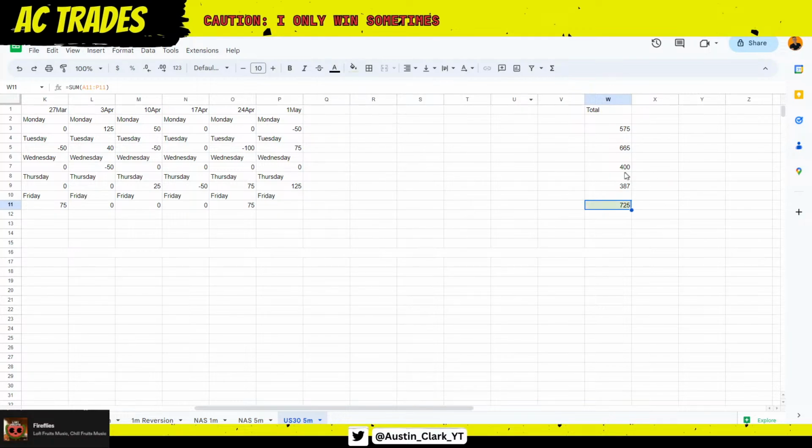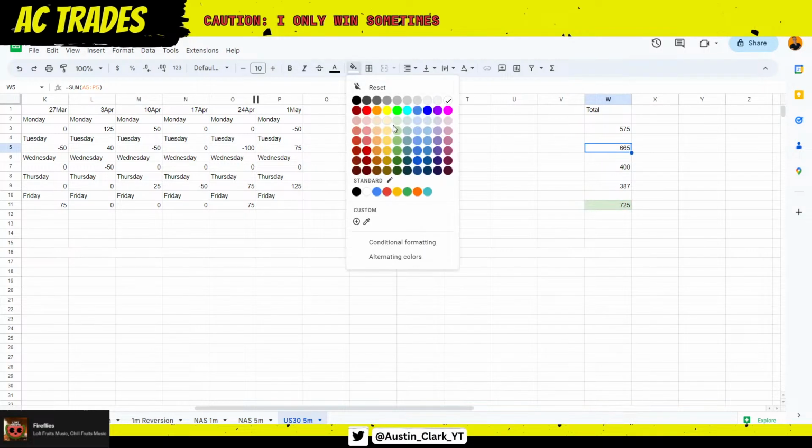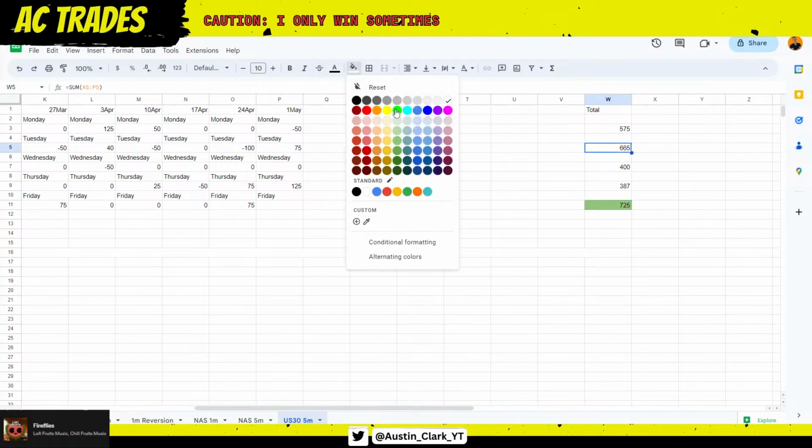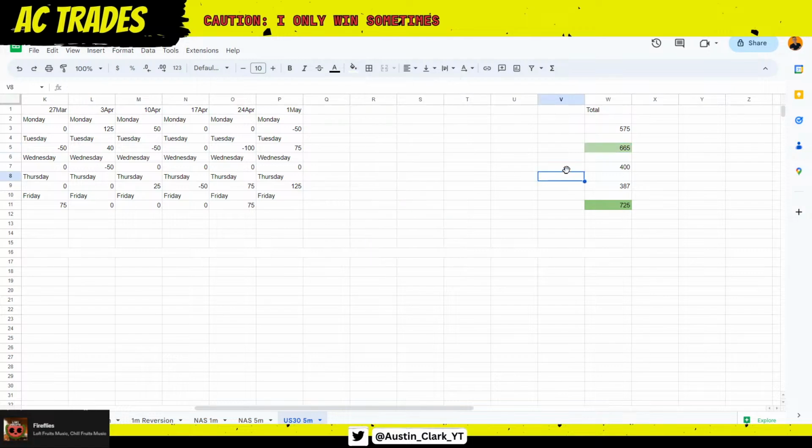So on Friday, this was the highest day. Tuesday coming in second. Let's do a dark green. Tuesday coming in second with a lighter green. And then Monday being the lightest. I like that.